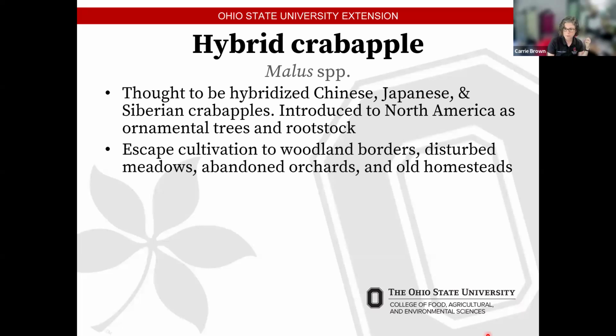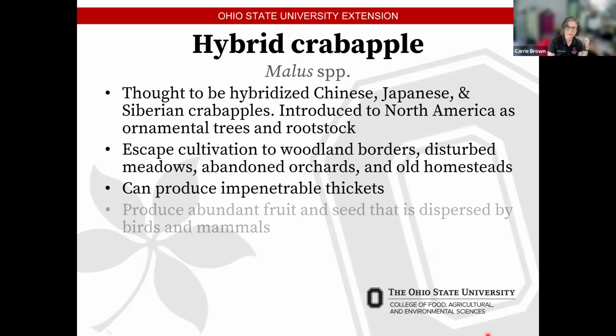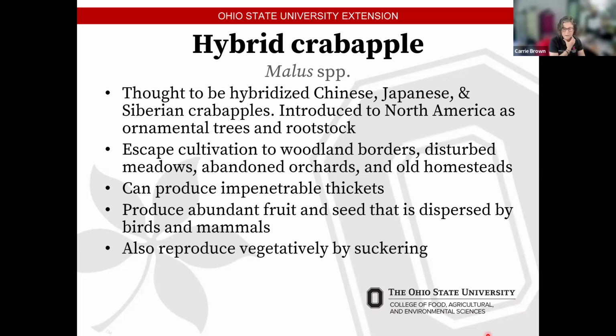They will hybridize with each other and can be abundant in an assortment of habitats. In some cases, they can grow very thick and produce impenetrable thickets, and they can produce a lot of fruit. And this fruit and seed is dispersed by birds and mammals, and it's also able to reproduce vegetatively by suckering.